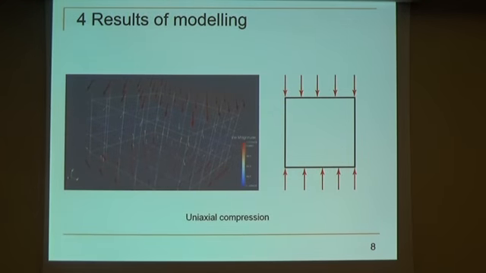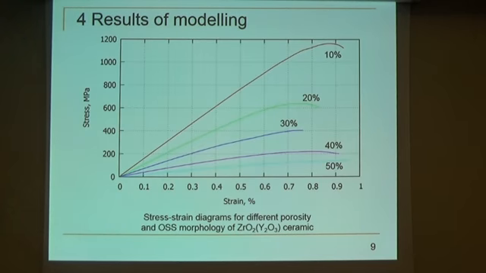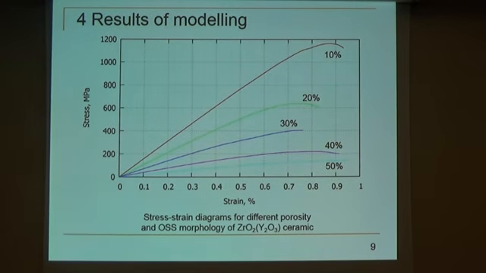I have no slide about the numerical approach. We used the finite difference method, which is described in the literature, and I don't pay much attention to it in my talk now. The first example of modeling was uniaxial compression, and with three-dimensional numerical modeling, we can obtain average stress-strain diagrams.